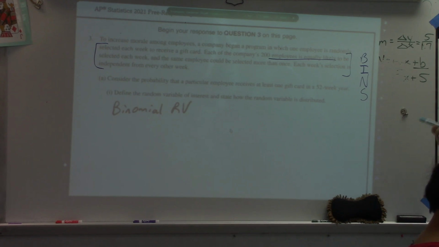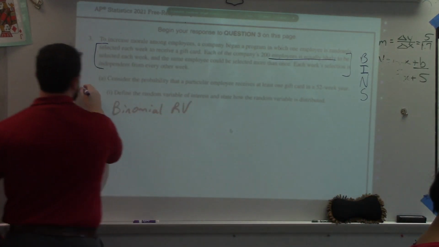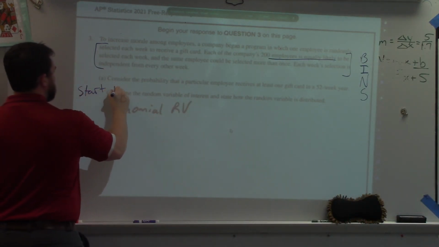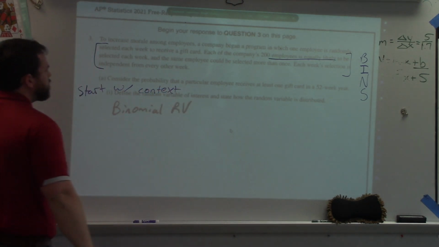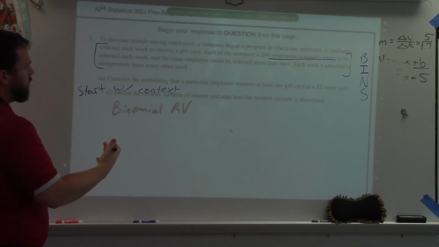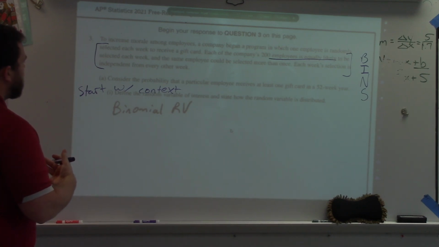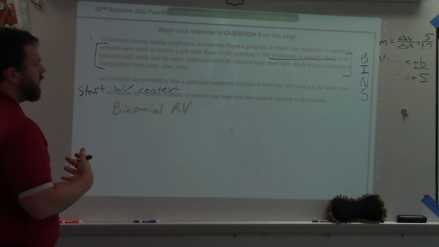Binomial random variable. What else do we need with defining the random variable of interest? Context. We always need context, so I would start with context. The probability that a particular employee receives at least one gift card in a 52-week year is defined by a binomial random variable with what?